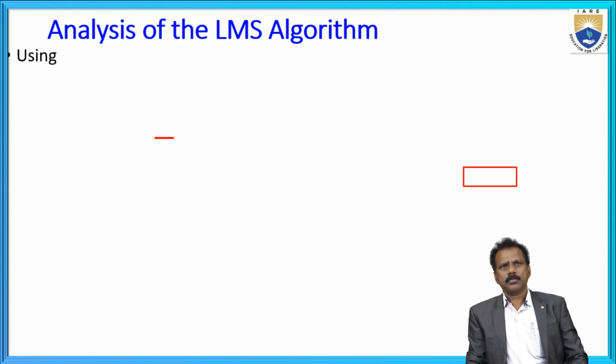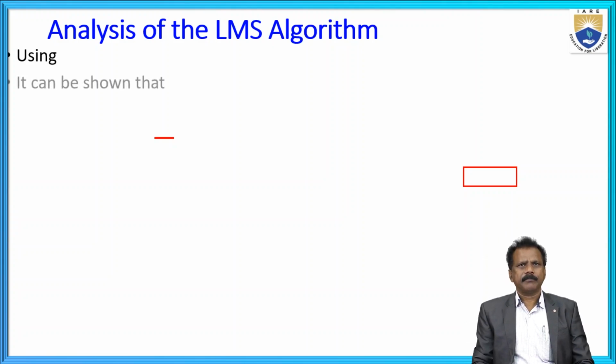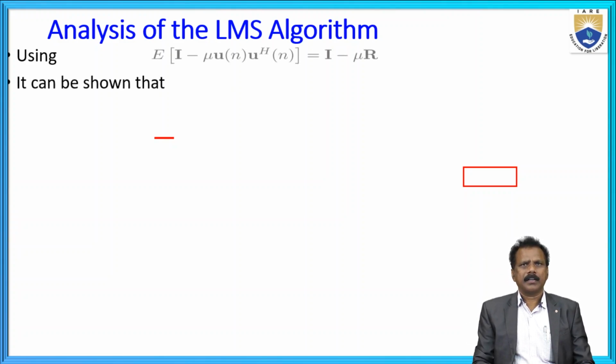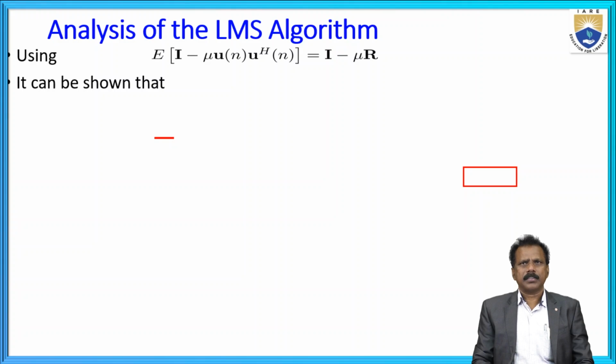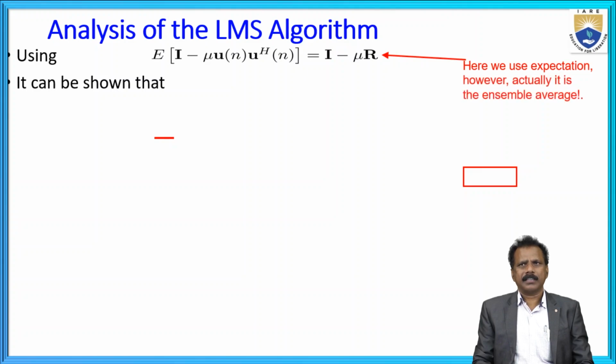The other way is, it can be shown using this mathematical notation that e of I minus mu into u of n, u h of n is equal to I minus mu hr. Here we use the expectation, though actually it is the ensemble average.